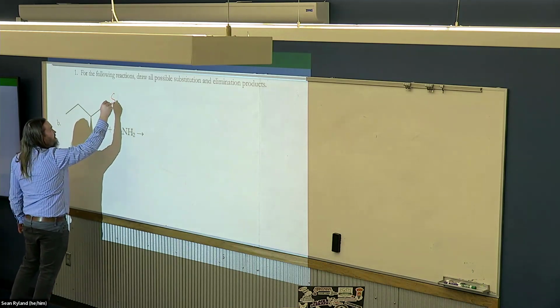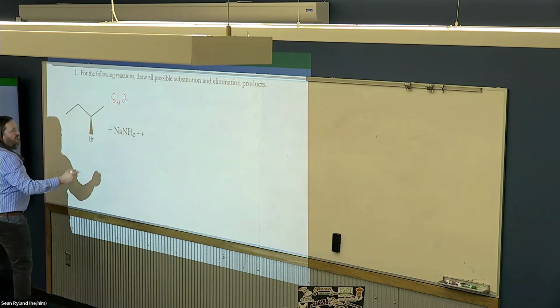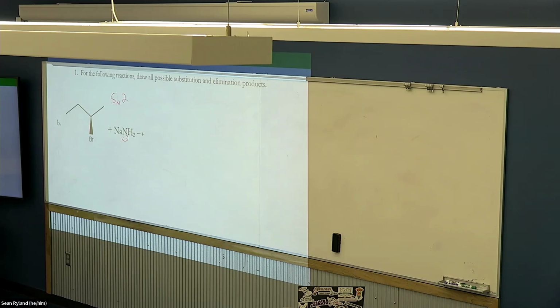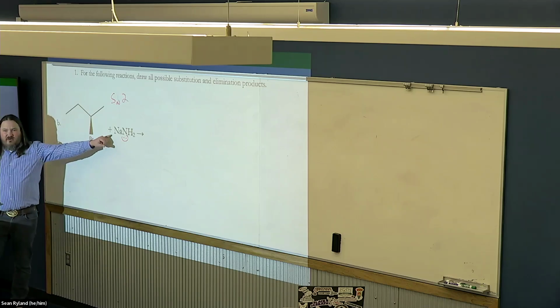So once again, let's do SN2 first. Trick here also, when I don't explicitly lay out which one is the nucleophile, remember your nucleophile is going to be the one that's got the negative charge.